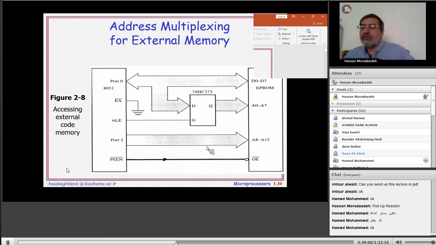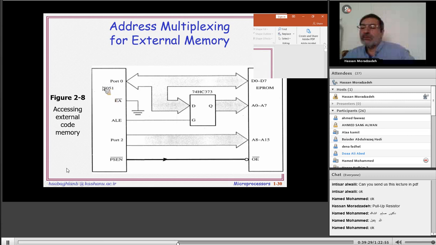The timing for demultiplexing of the address bus and data bus. Address multiplexing for external memory, multiplexing and demultiplexing. Here is non-multiplexed, for example for Motorola microcontrollers, and multiplexed versions for Intel microcontrollers or Intel microprocessors.